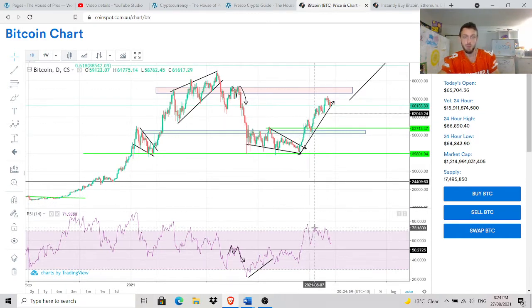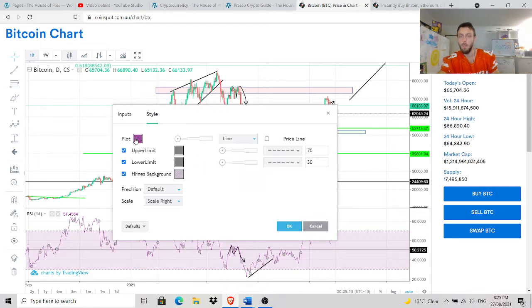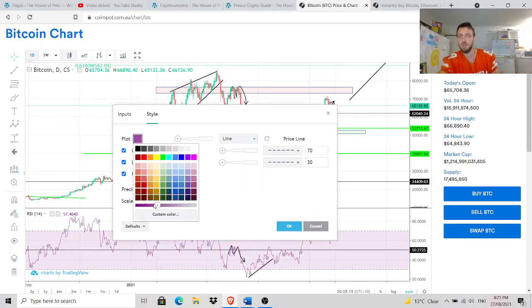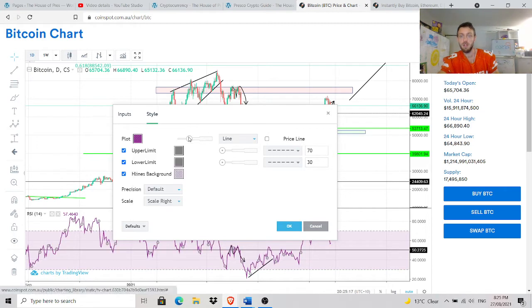And as you see, a little pullback, and then we're going sideways here. We're going in an uptrend. So as long as you see whether the RSI indicator is in bullish or bearish territory, then you know the momentum that you have.